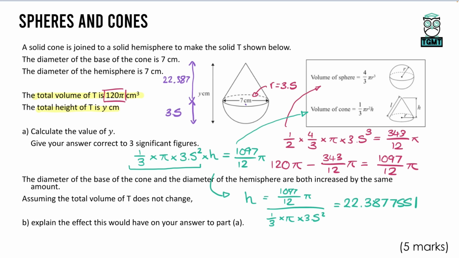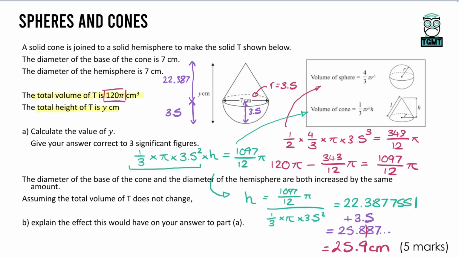Obviously the radius there goes from the centre of this hemisphere down to the bottom, so that bit there is also 3.5. So if we add 3.5 to our answer, we get 25.887, and I'm going to stop there because it does say to give your answer to 3 significant figures, so we'll chop it there after the 8, and that gives us 25.9 centimetres as our final answer.